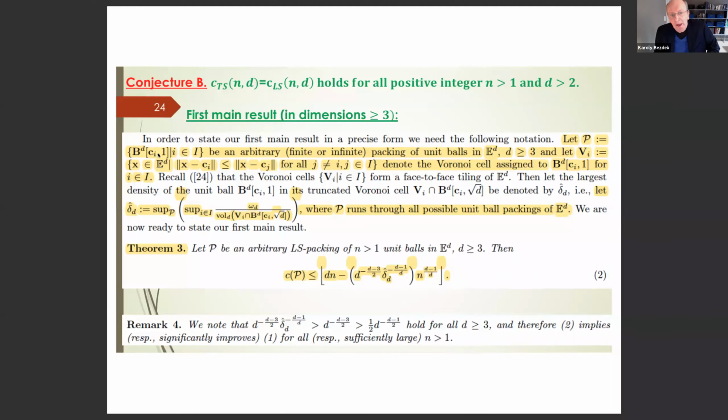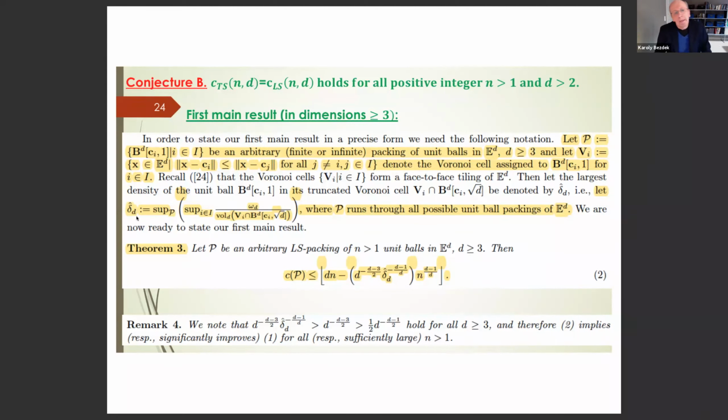They must form a packing. When we have such a packing, each unit ball has a Voronoi cell assigned to it, and we truncate its Voronoi cell by a ball concentric to the unit ball having radius square root of d. I'm looking at the density of each unit ball in its truncated Voronoi cell and maximizing it over all packings of unit balls. This is the quantity delta sub d hat.